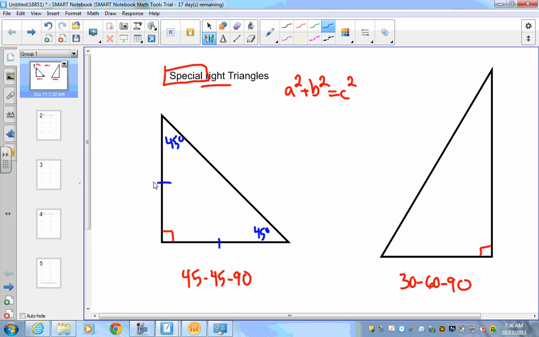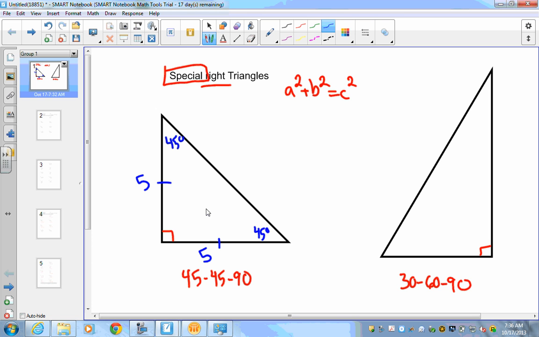Now, there's a relationship here, and that is my two legs will be exactly the same. I'm just putting some numbers down. If this was 5, this right here would also be 5 because these are my two congruent isosceles sides. At this point you can actually do the Pythagorean theorem if you wanted to.